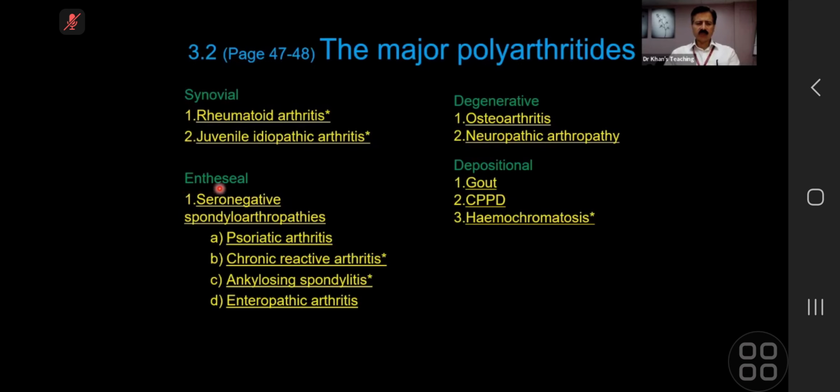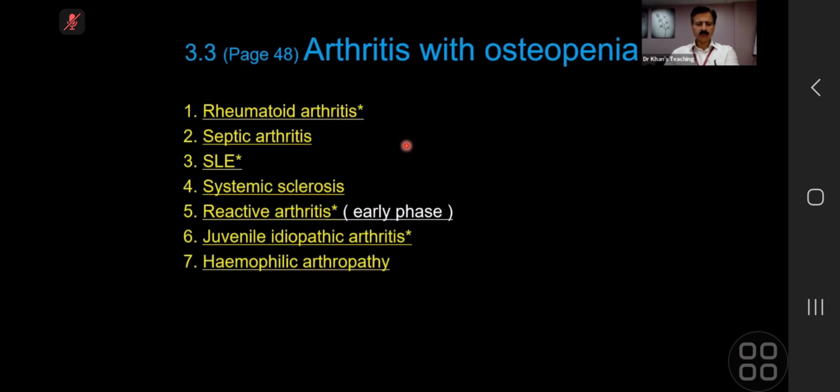And enthesial, as in seronegative arthropathy, which include psoriatic arthropathy, chronic reactive arthritis, ankylosing spondylitis, enteropathic arthritis, and then degenerative, finally depositional, as in gout, CPPD, hemochromatosis. So we will see a lot of films from what has come in the exam and which can come in the exam, and what are the basic things to look for in the exam to be able to tackle a film.